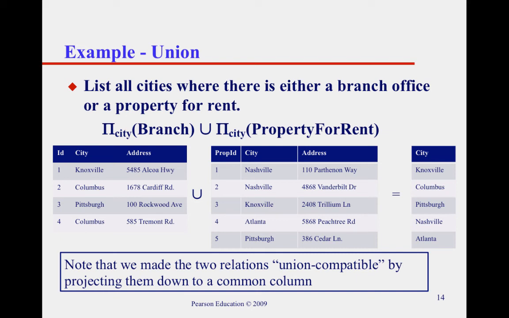So what we do is we narrow each relation to simply city. That makes it union compatible because now they're the same named attribute, and it makes sense to do a union. It doesn't make sense to do a union on the full relations because they refer to different things. So you have to narrow it down to the common attributes. Common attributes in this case are city and city.